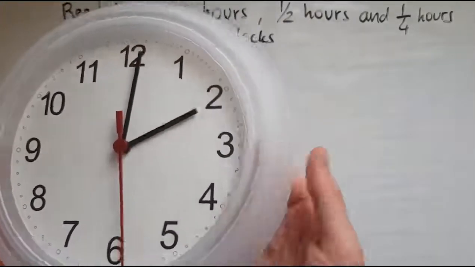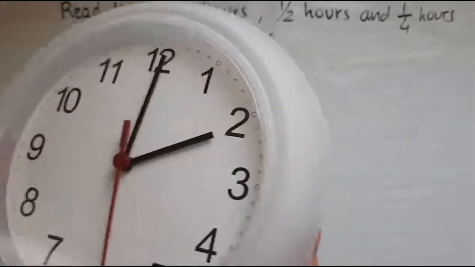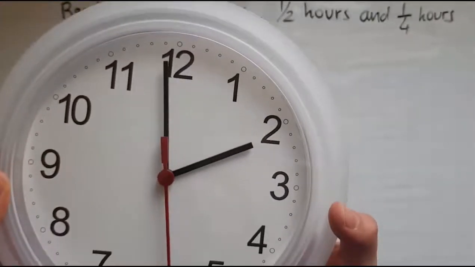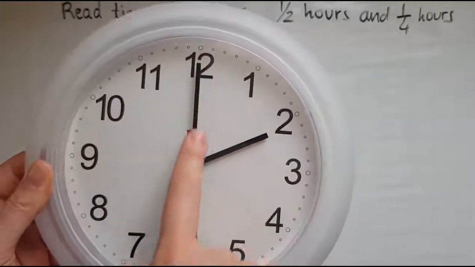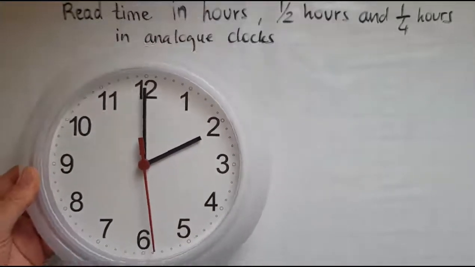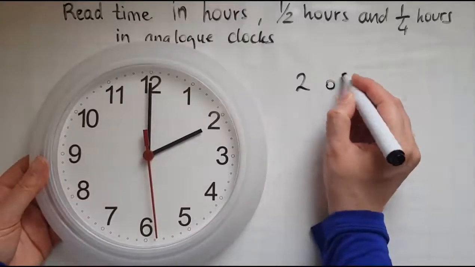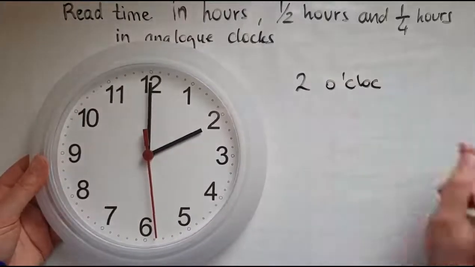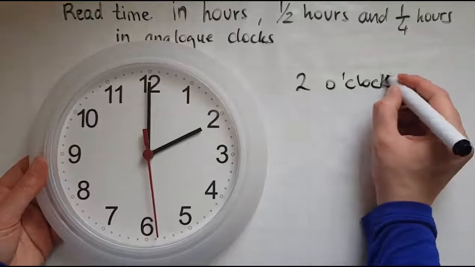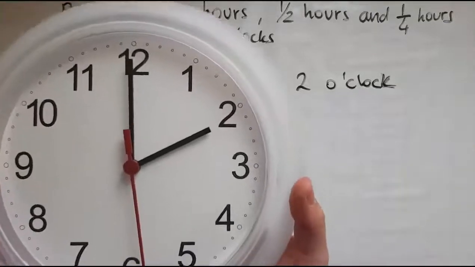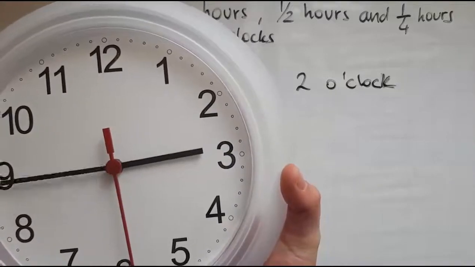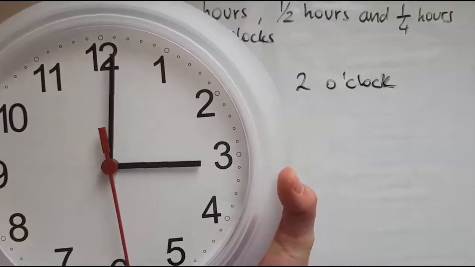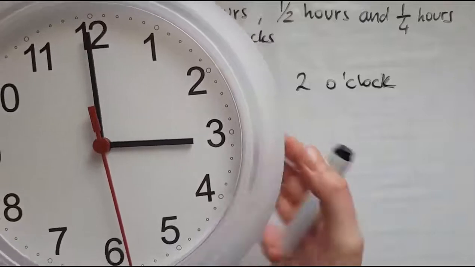At this point that I'm going to show now, right on 12, that is 2 o'clock. So this would be 2 o'clock. And if I move this a full circle, the minutes will move as well as the hours.